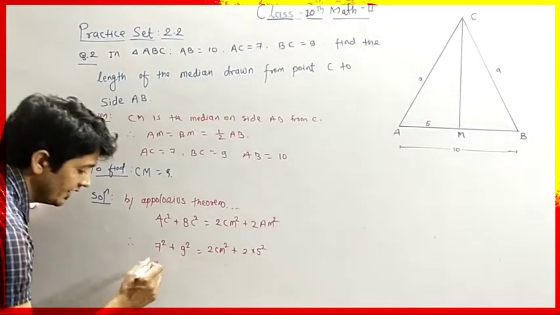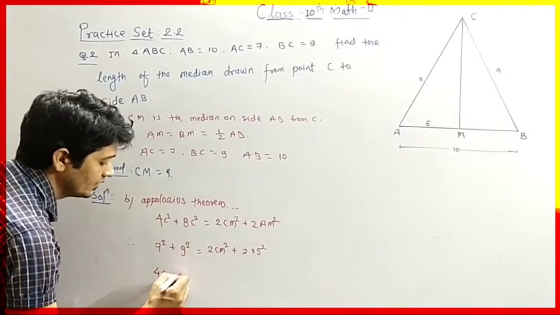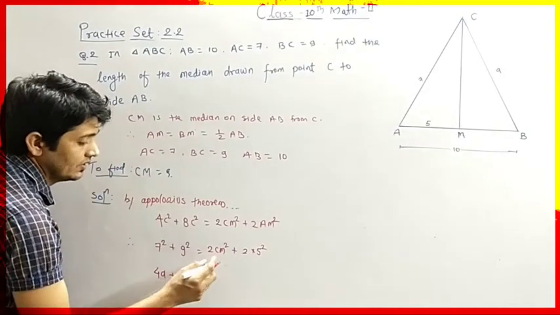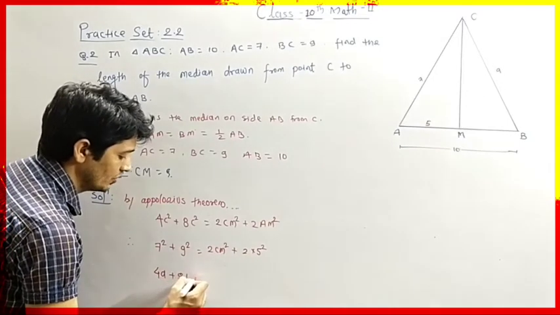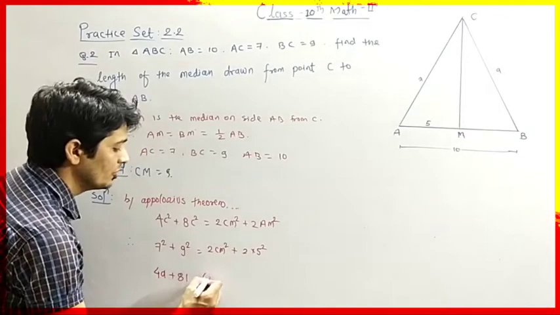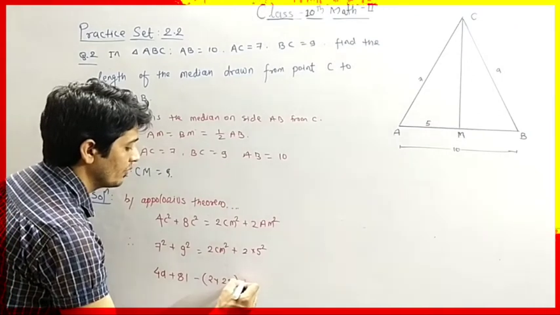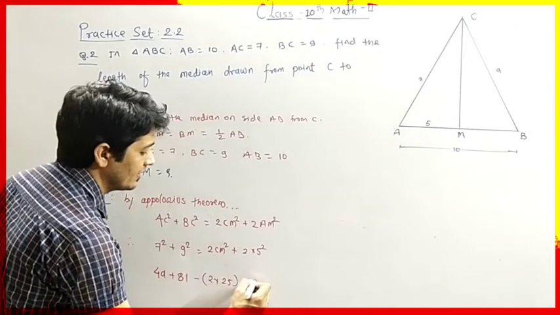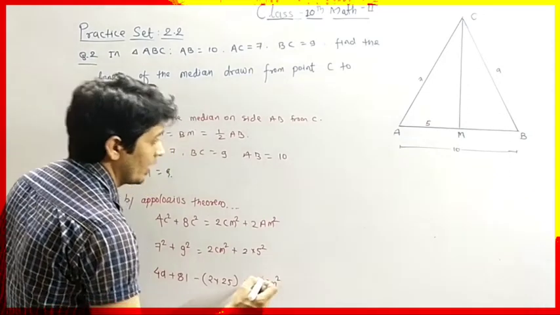So square of 7 is 49 plus square of 9 is 81. See, we are transferring this to the other side. It is positive, so it will come in negative form. So it will be 2 into square of 5, which is 25, equals what will remain here, 2 into CM square.